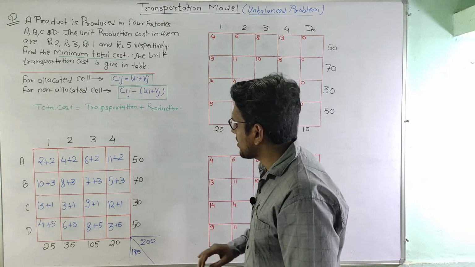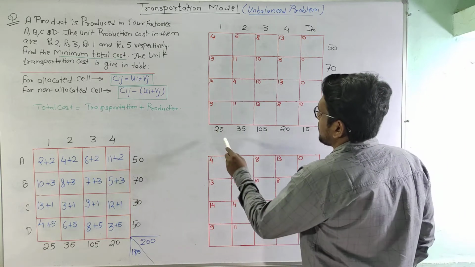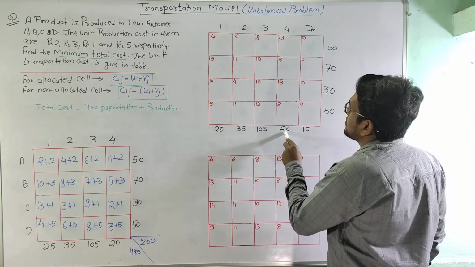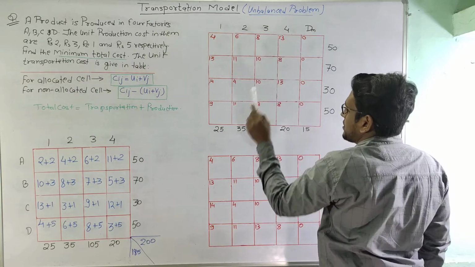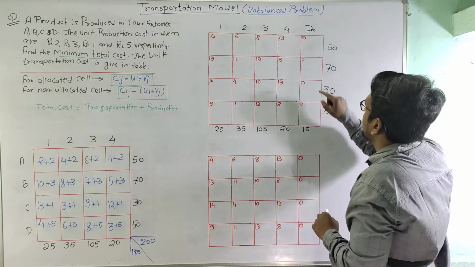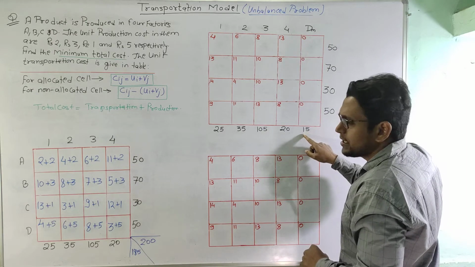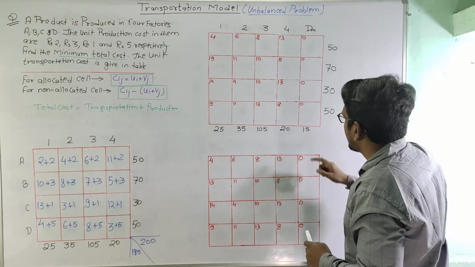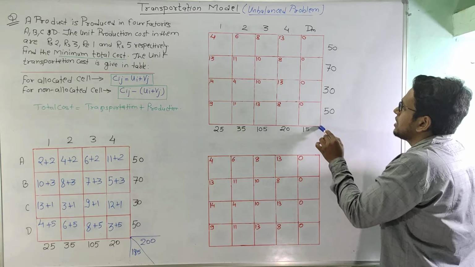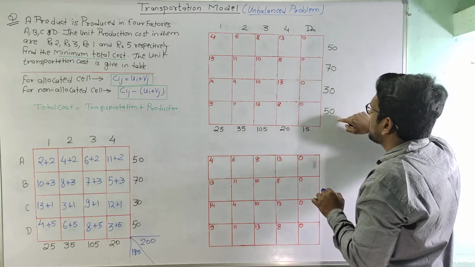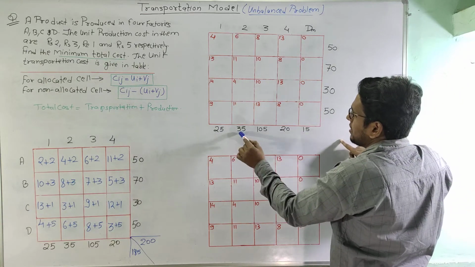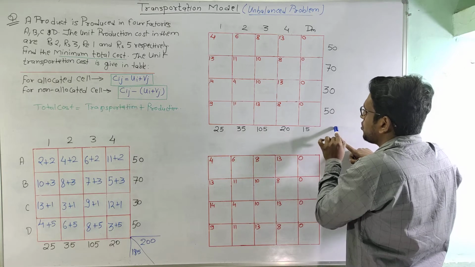So for this particular case, we have these 4 columns, or 4 stores, and we have added a dummy column with the demand as 15. Now if you calculate, the total supply is 200 and the total demand will also be 200.